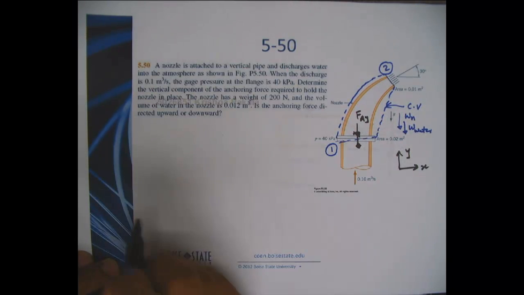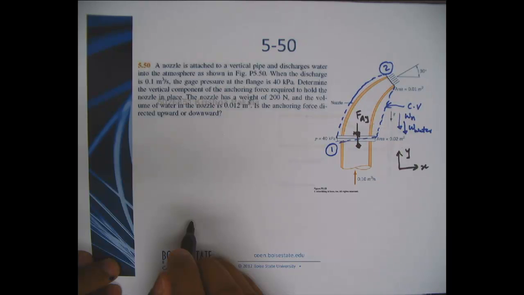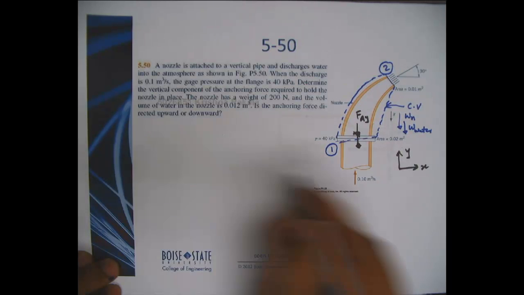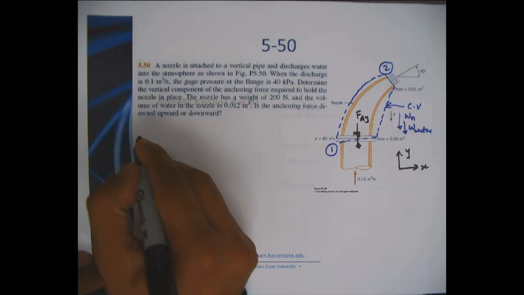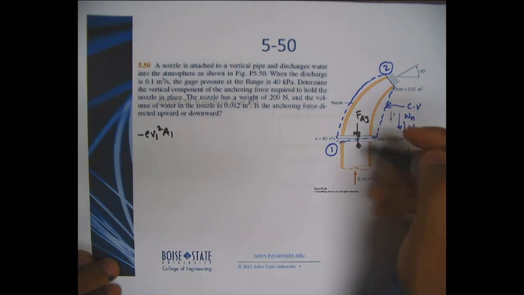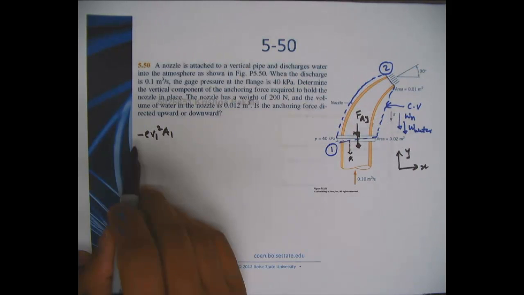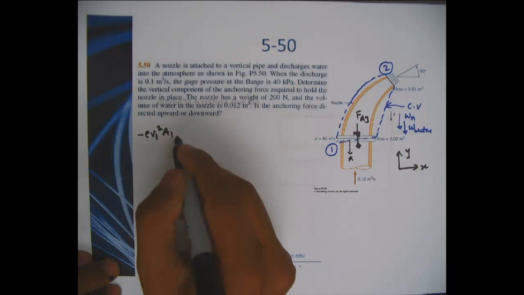Okay, so if we apply the linear conservation of momentum equation in the y direction, we can write that at section 1 it is minus rho v1 square a1. Again, the normal is pointing outside, velocity is going inside, so you'll have a negative sign.